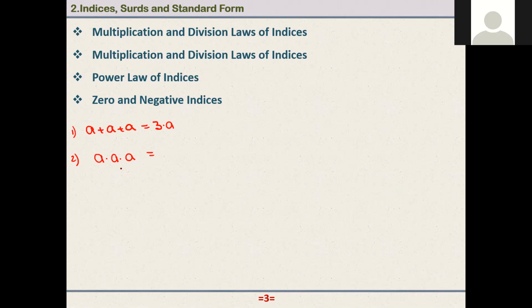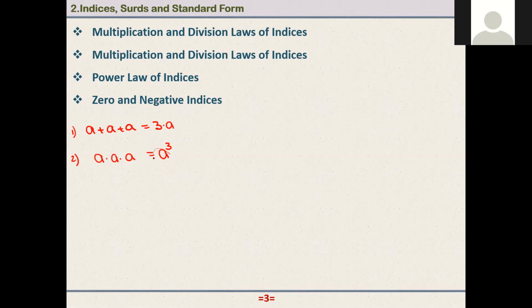Every time writing in this way, it is not practical, like 2 times 2 times 2 or 3 times 3 times 3, right? So they introduced a new notation, that is index or superscript notation. Here we just write a, and a small number here. How many times is it multiplied to itself? Here we just write 3, right? And how do you read this? It is a to the power of 3, or third power of a.